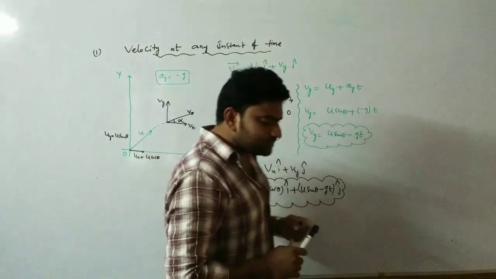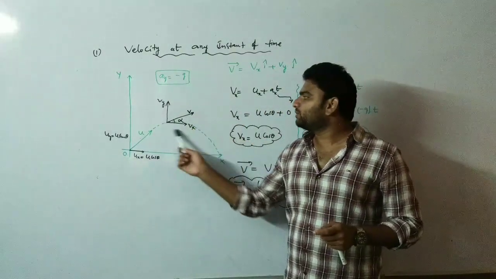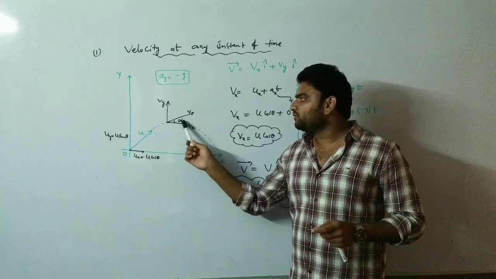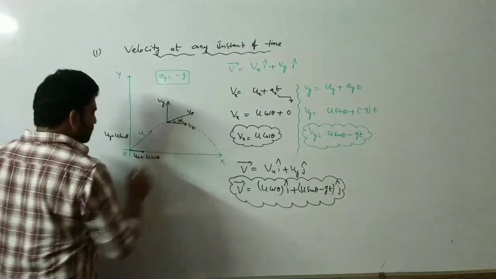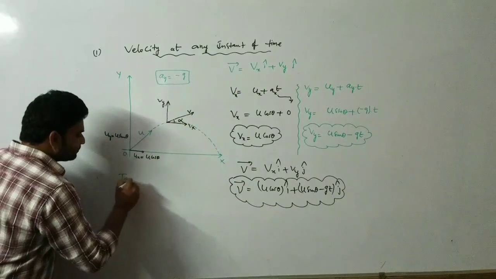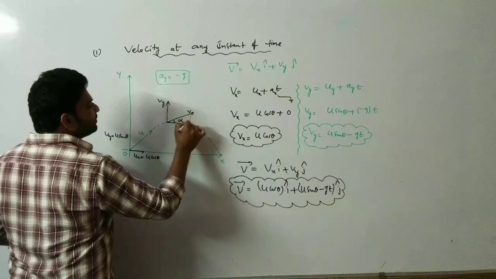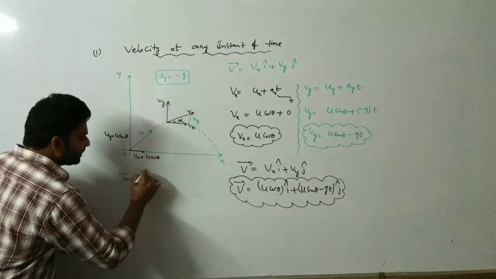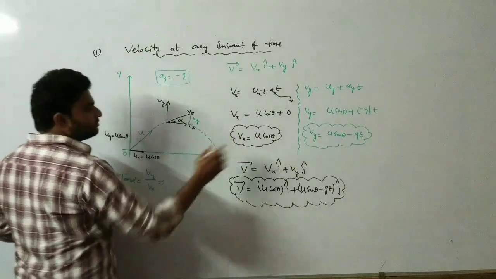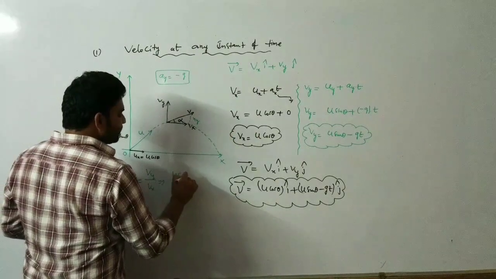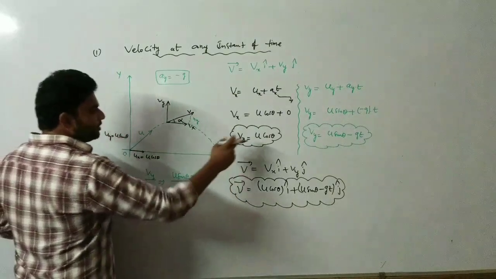And here one more question arises, what is the angle between them? What is the direction of the projectile? If they ask, we need to calculate the tan alpha value. So from the diagram, what is tan alpha? Tan alpha can be written as, so this is alpha, means this is also vy. Tan alpha can be written as vy by vx, which is nothing but u sin theta minus gt by u cos theta.